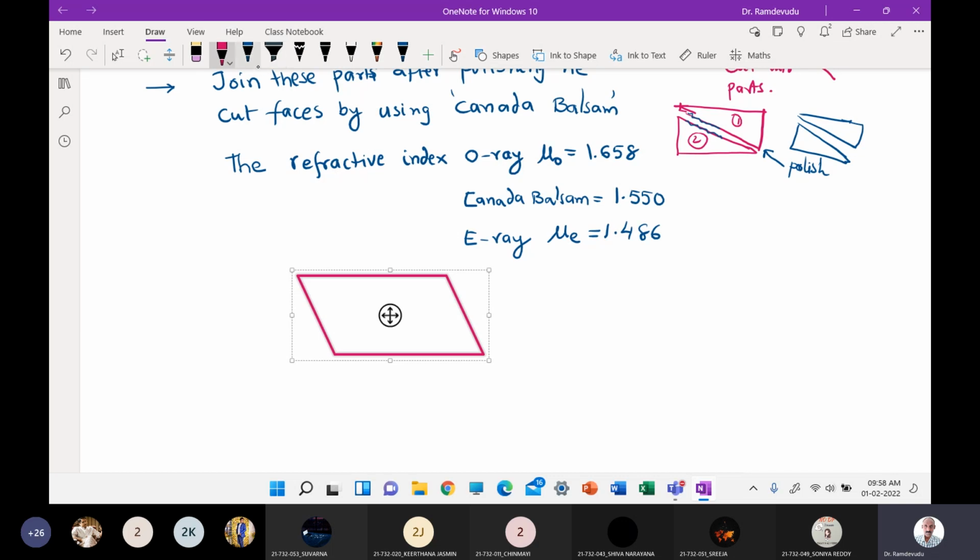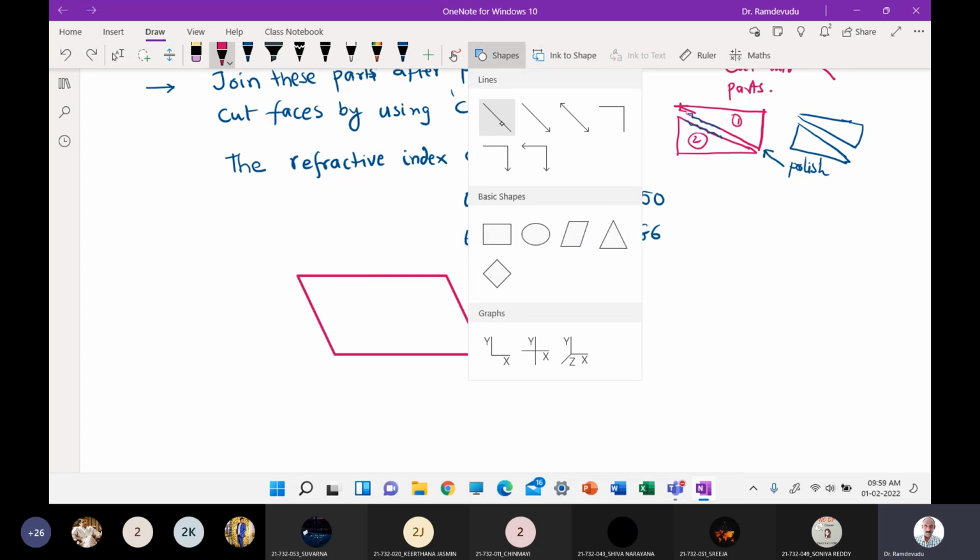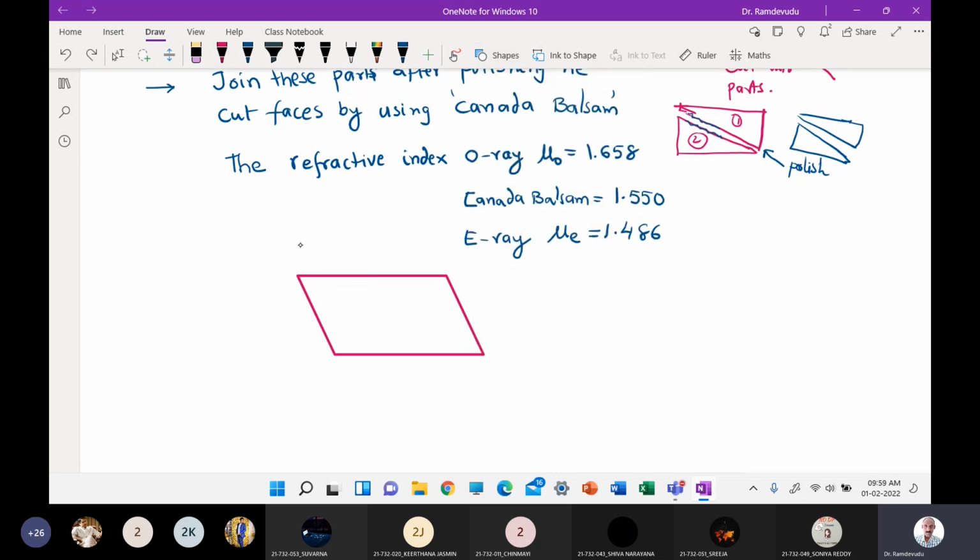Now we cut this into two parts, as I showed you in the previous class, previous figure.